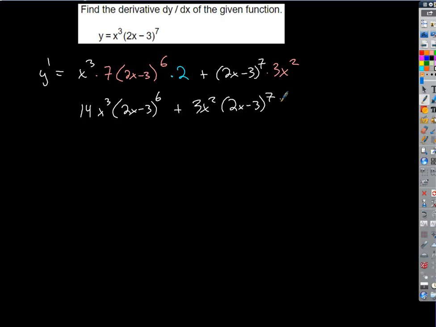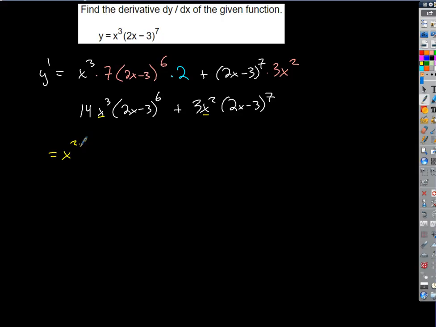Okay, good. So we're going to try to find greatest common factors. Well, the greatest common factor of 14 and 3 is 1, so we can't get a number out of this, right? But if we look here, I've got the base x, so we could pull out front the greatest common factor, meaning the smaller of the two exponents, right?